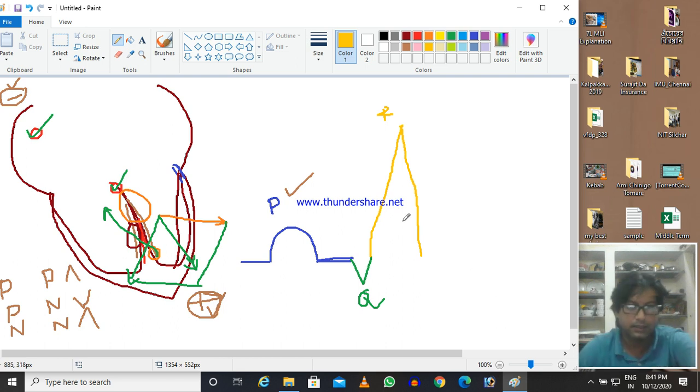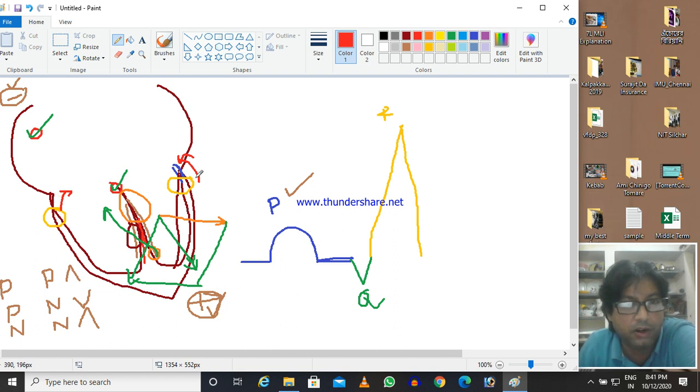After that, this area is called the basal ventricular tissue. This is a very small segment of cardiac myocytes. Here you see the depolarization vector is in this direction.